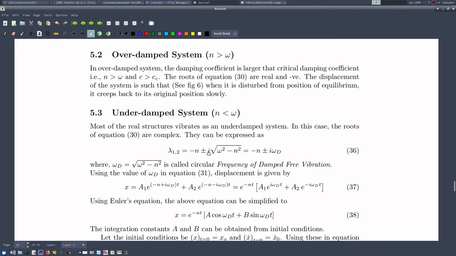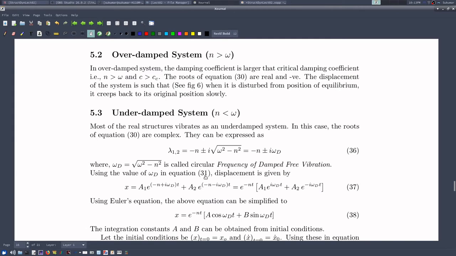So I will write it as n plus minus i root over omega square minus n square, and this root over omega square minus n square will be called the damped natural frequency. It is denoted by omega d. Okay, so it is the frequency of damped free vibration or damped natural frequency.